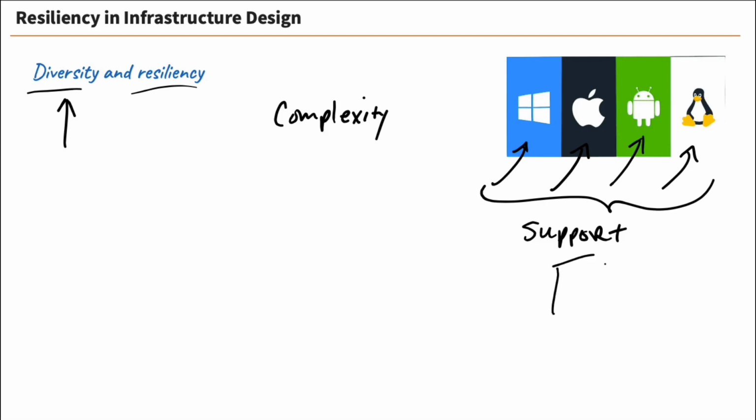If we only had Windows operating systems within our infrastructure, then they would only have to learn to support Windows. It would be much simpler. So the idea is diversity isn't always a good thing when it comes to our infrastructure design.